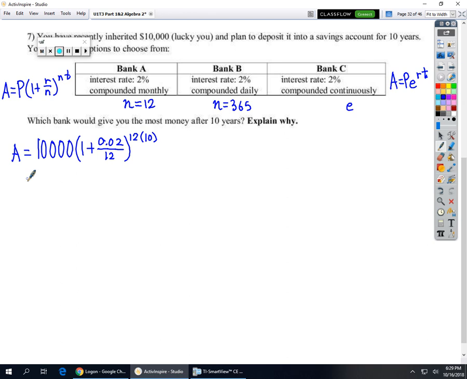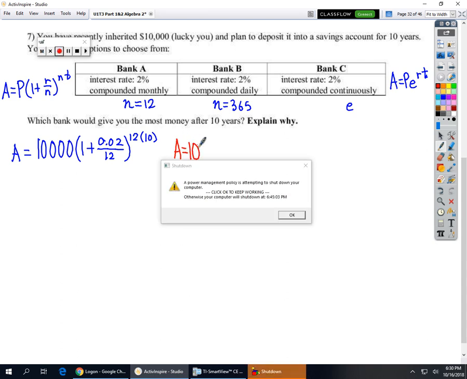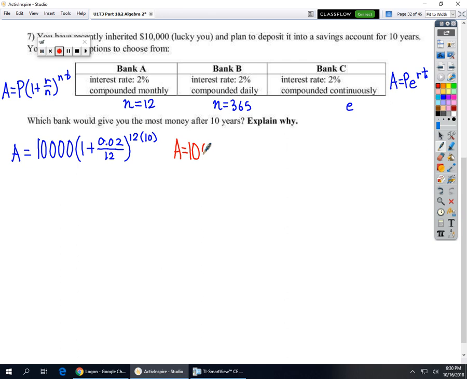So let's write all the formulas first. And why don't we do one in a different color, just to not get confused. So what's this one? A equals 10,000 times (1 plus 0.02 over 365) to the 365 times 10.